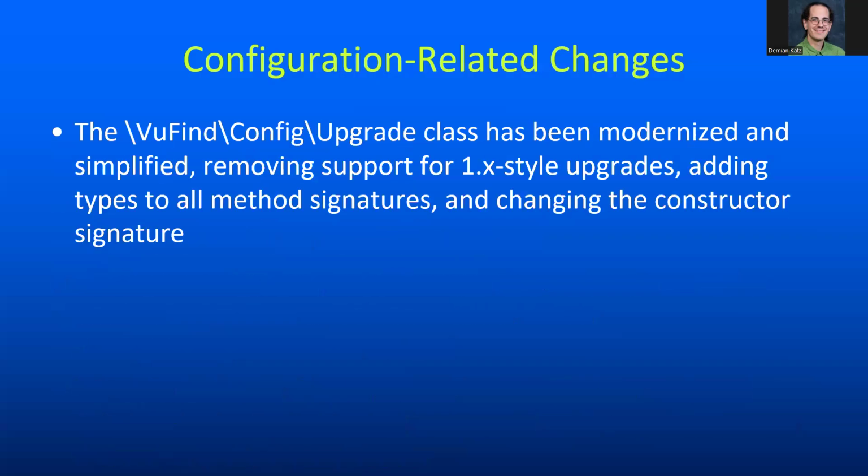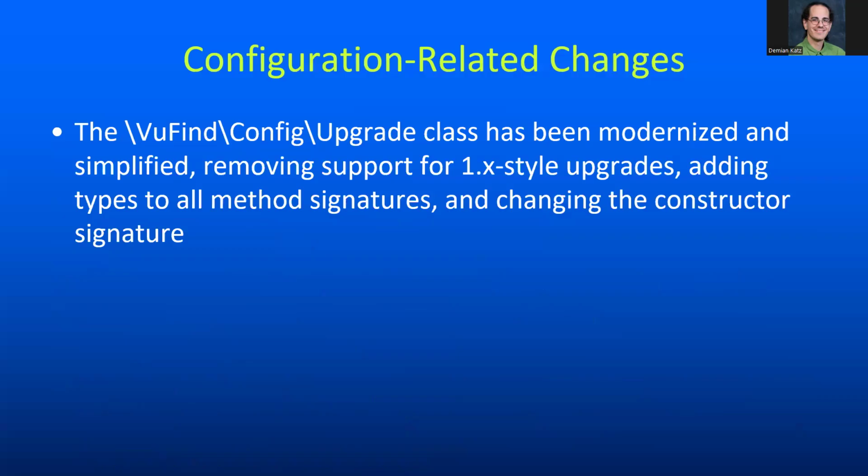More configuration related changes. The configuration upgrade class has been modernized and simplified. As I mentioned earlier, part of removing support for upgrading directly from VuFind 1 to VuFind 11 is that it allowed us to get rid of things like old configuration modernization logic that would upgrade ancient configurations.